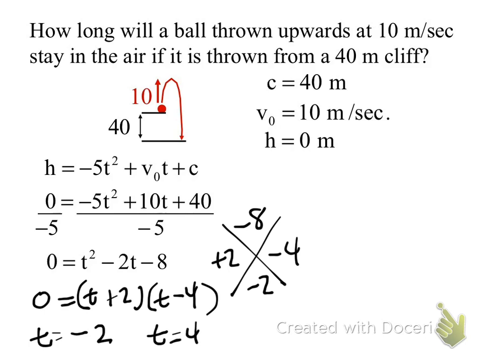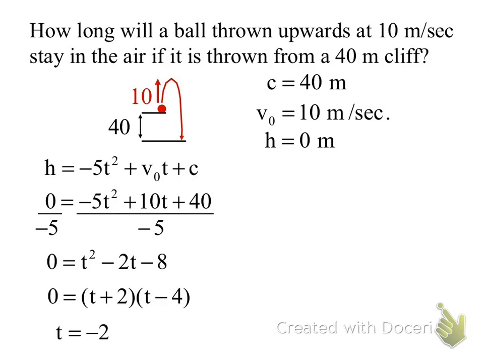But because this is time, time can't be negative. So our answer is it will take 4 seconds for it to hit the ground. It will stay in the air for 4 seconds. So that is the end of 13-2.